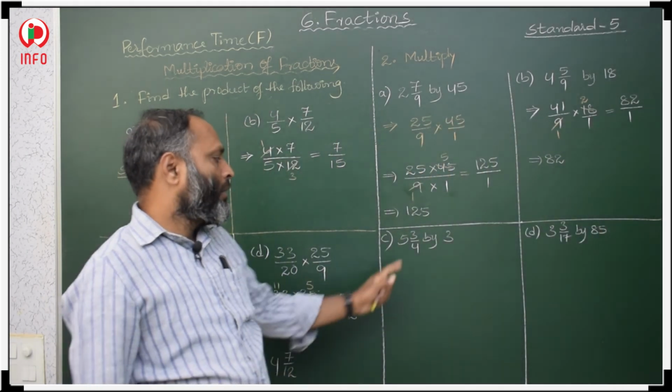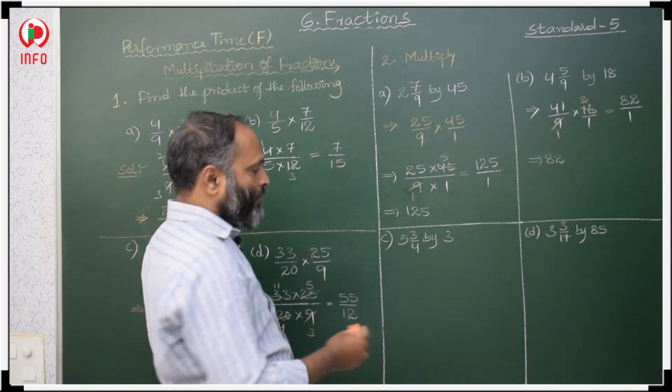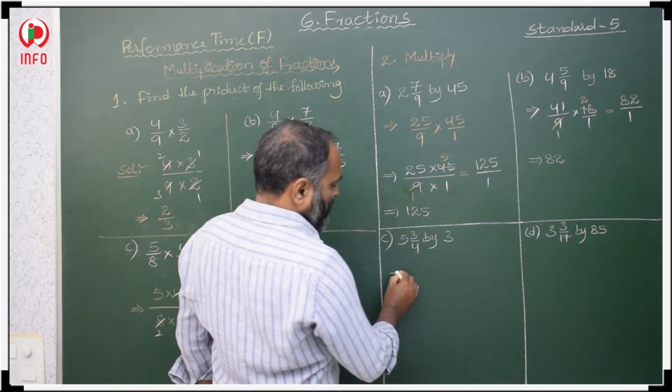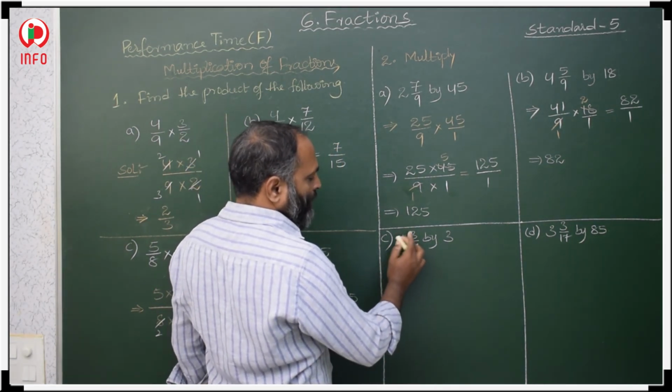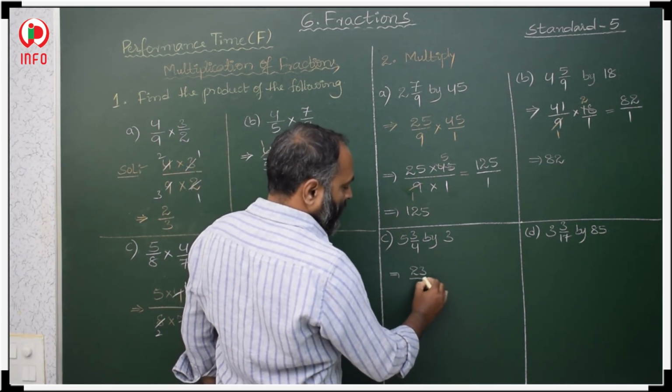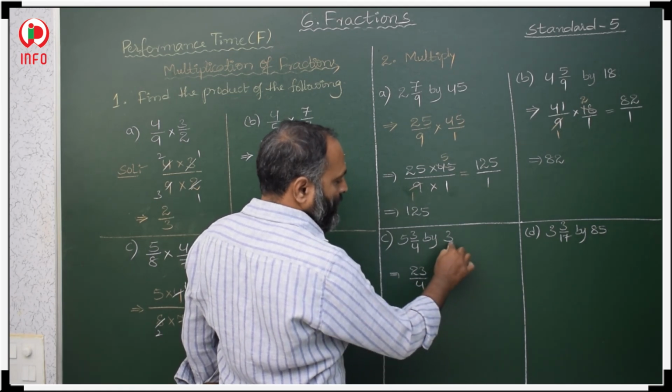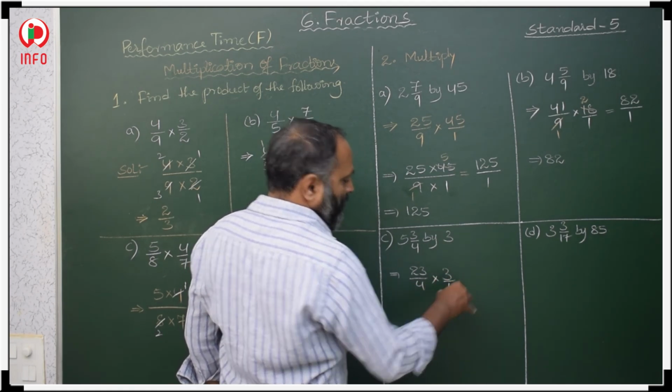Now, mixed fraction we have to convert into improper first. 5 4s are 20, 20 plus 3, 23, 23 by 4 into 3 by 1.